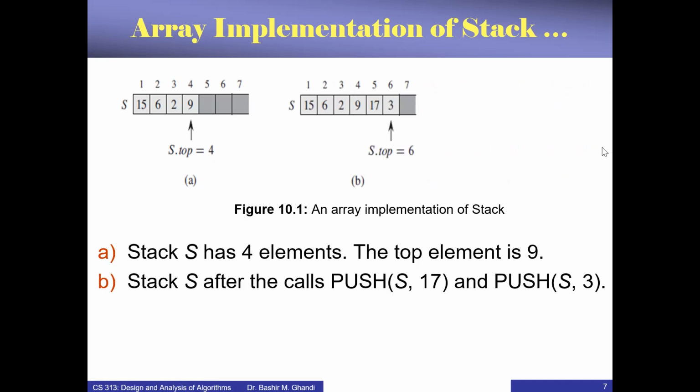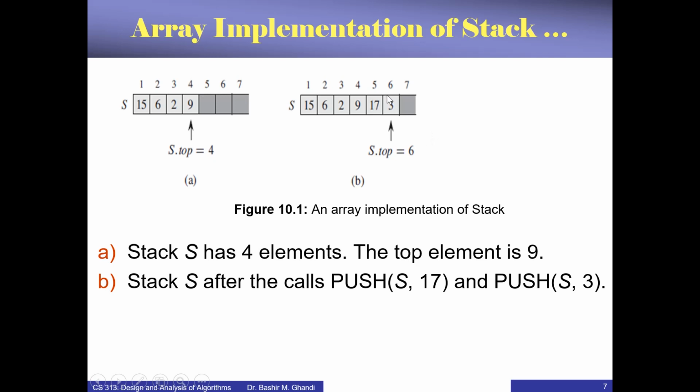Now here is what happens after you push an element. Figure B here is showing the stack S after the calls to push 17 into S and push 3 into S. So 17 will come on top of 9, and 3 will go on top of 17.